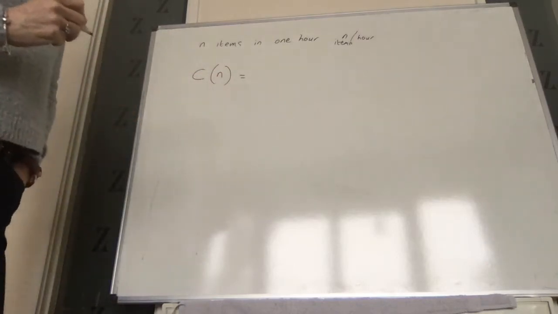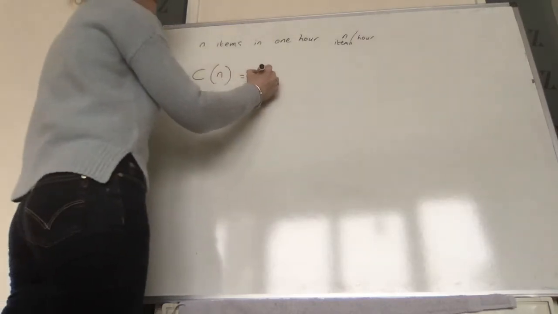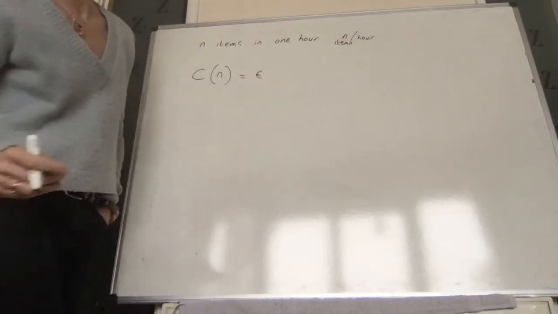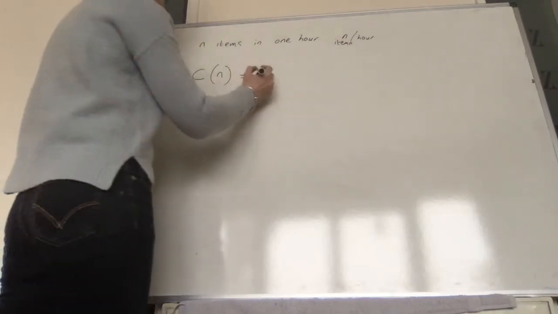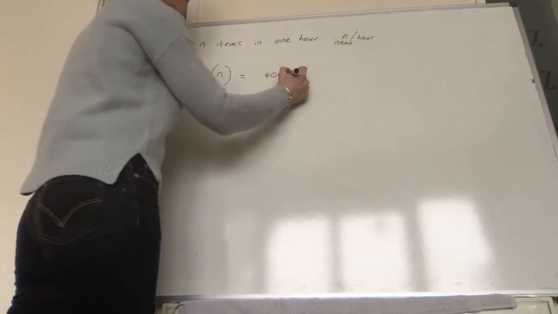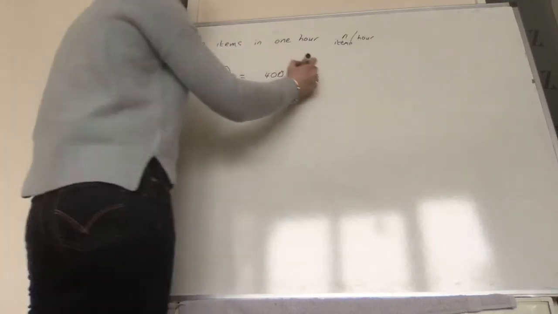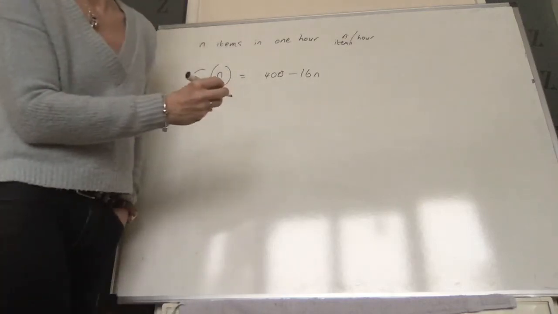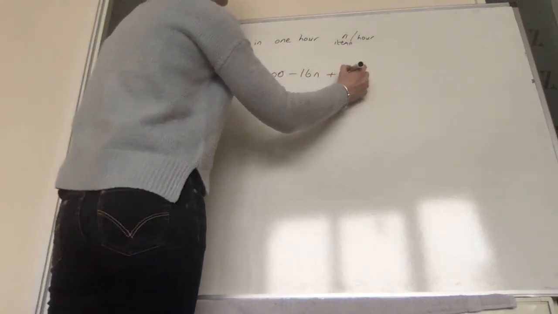And the way that it depends on n is c of n is equal to, in euros, so obviously it's the cost in euros, I'm going to just leave out the euros, 400 minus 16n plus n squared over 4.